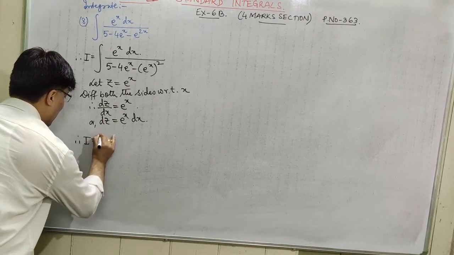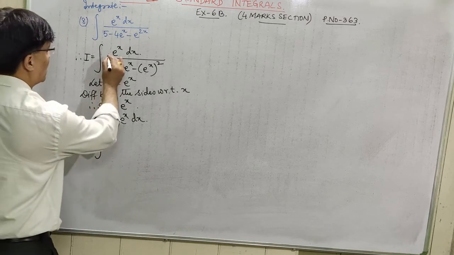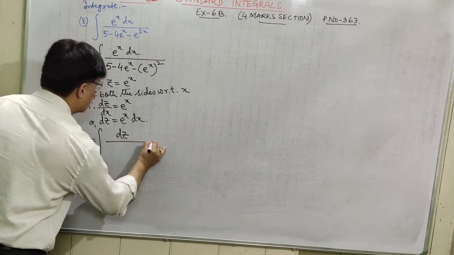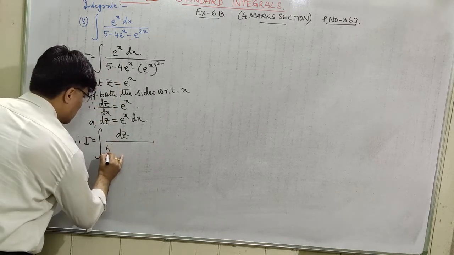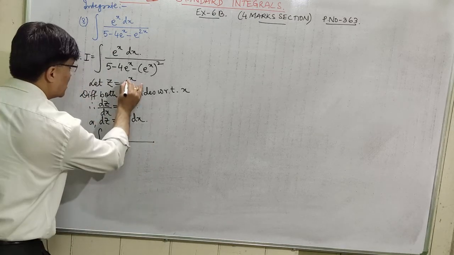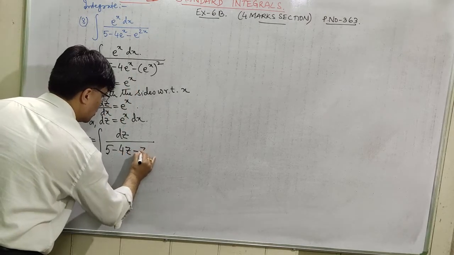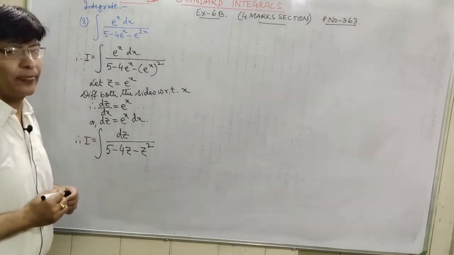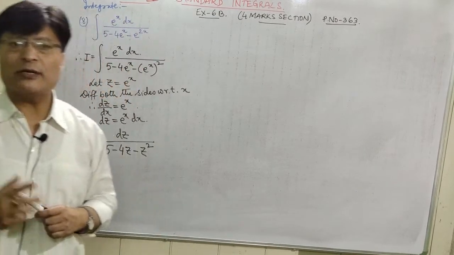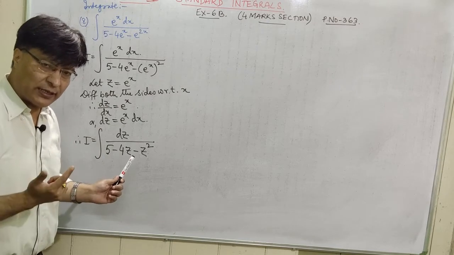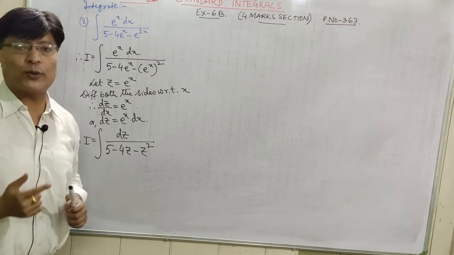So now what is I? I is equal to integration of e to the power x dx, that is dz, divided by 5 minus 4 e to the power x, that is z, and minus z square. So again there is a term containing constant 5, a term containing z, that is minus 4z, and minus z square is there.